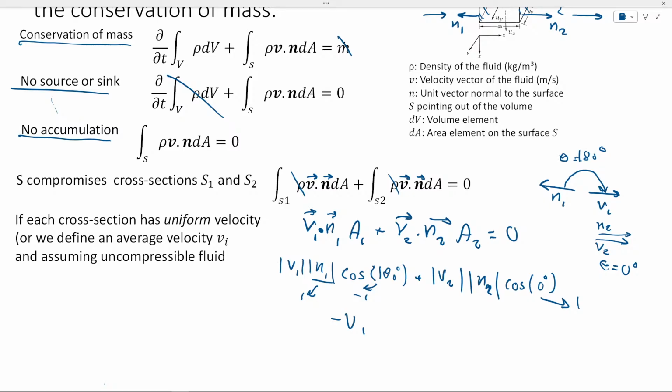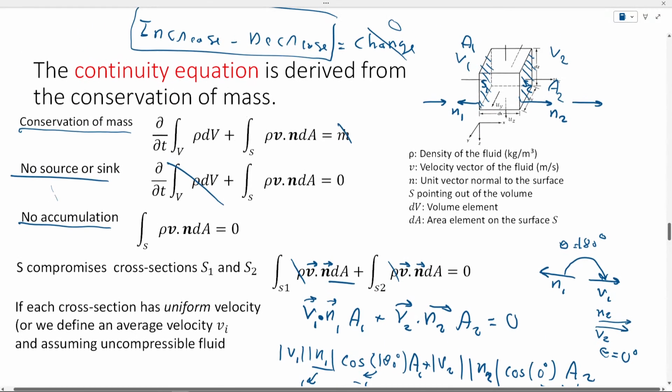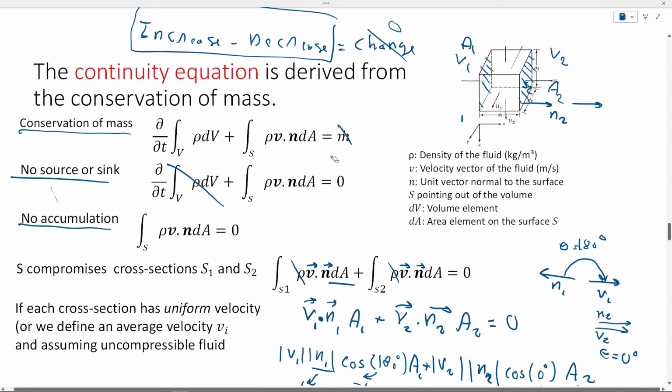Oh, sorry, I forgot to put my A here, because remember, you're integrating this over A. So you have A1 and here A2. So I get negative V1 A1 plus V2 A2 is equal to 0. So V1 A1 is equal to V2 A2, that is equal to Q, because my Q is constant. Because what is coming in?